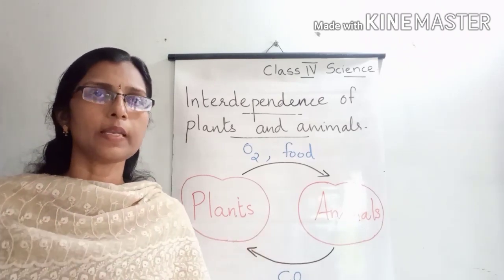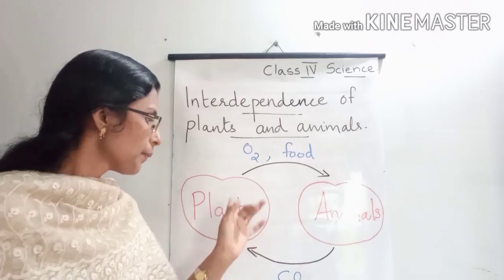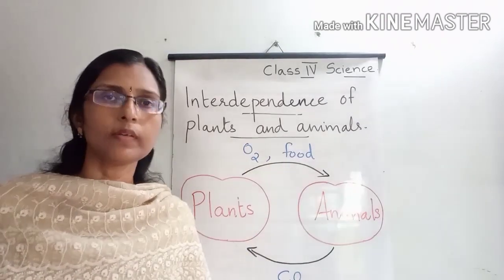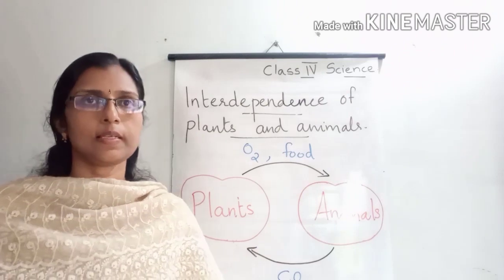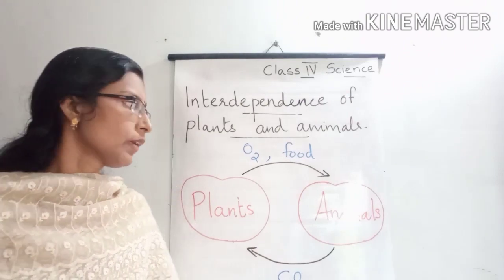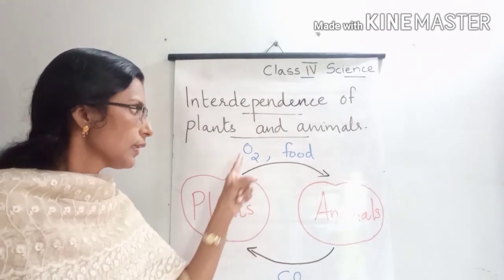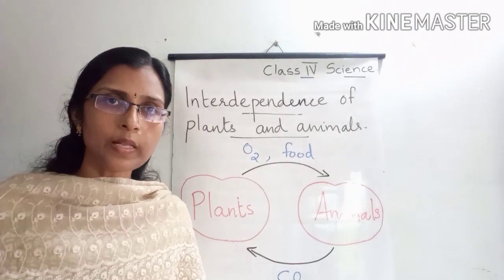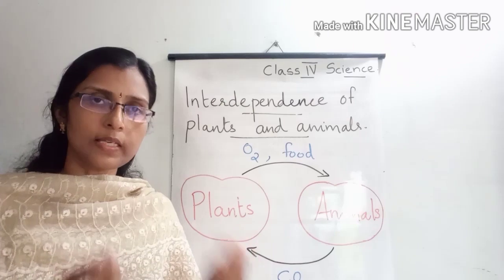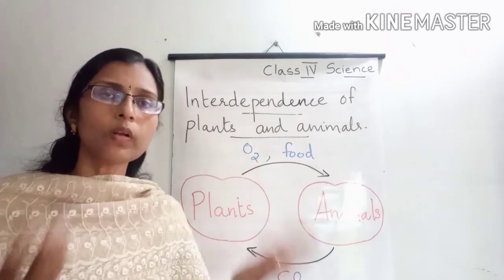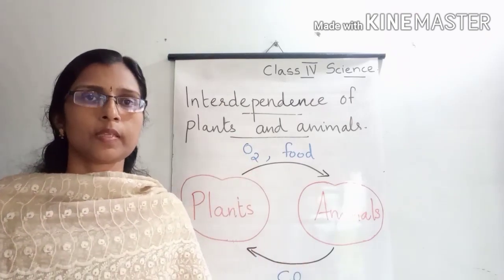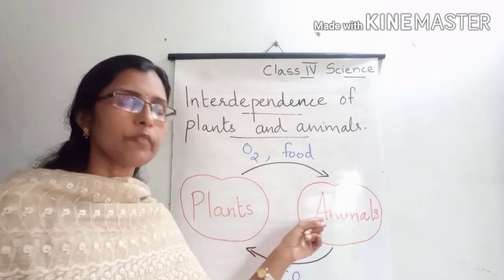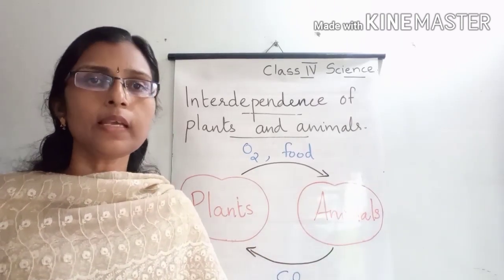So all the animals depend on plants for food, directly or indirectly. Then during photosynthesis, they release oxygen. So all the animals take in this oxygen for breathing. So plants are very important for us, for all the animals.